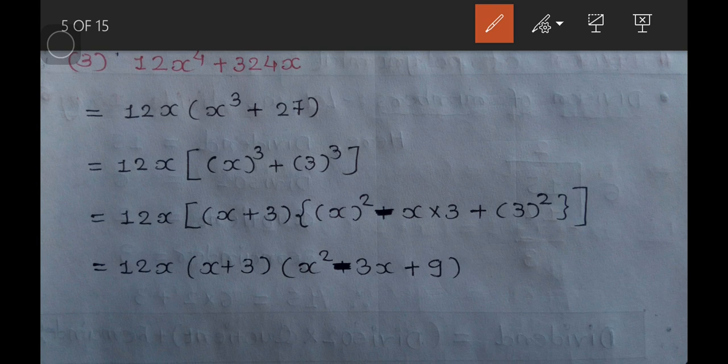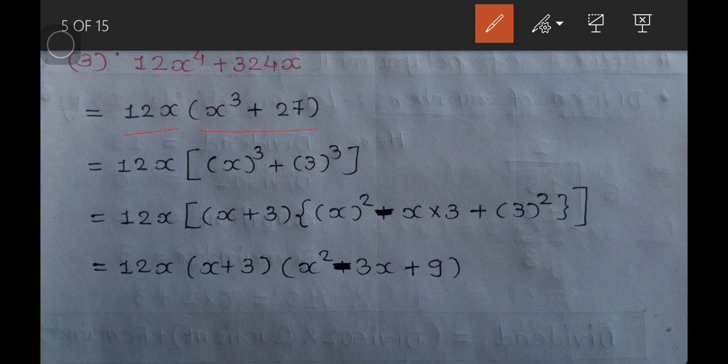So first we can find a common factor from both the terms, that is 12x. You can take 12x from the first term and 12x from the second term. Then we extract 12x from both the terms. Then the remaining part is x cube plus 27, which we put in another bracket.